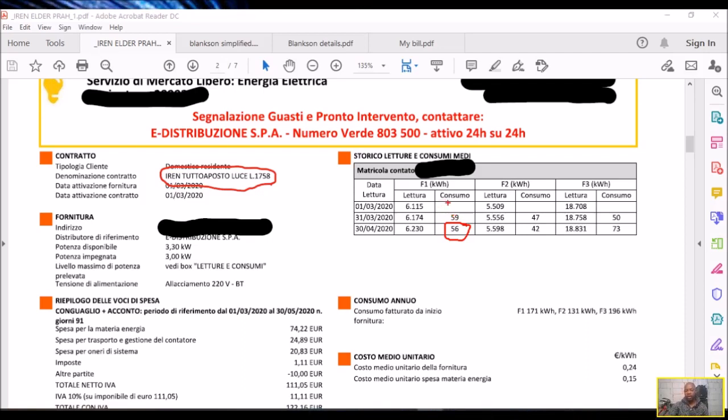So F1 within these 2 months was 115. The same as F2, the total was 89, and then F3 has a total of 50 plus 73, which gives you 123. So that is how this one says about F1, F2, and F3.